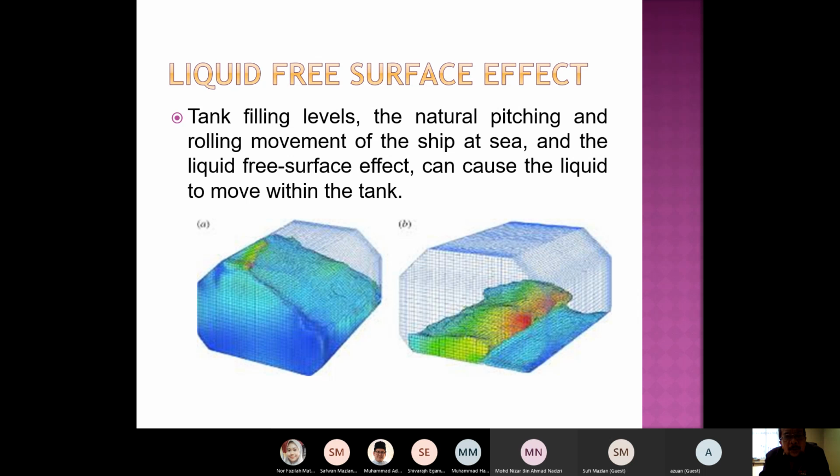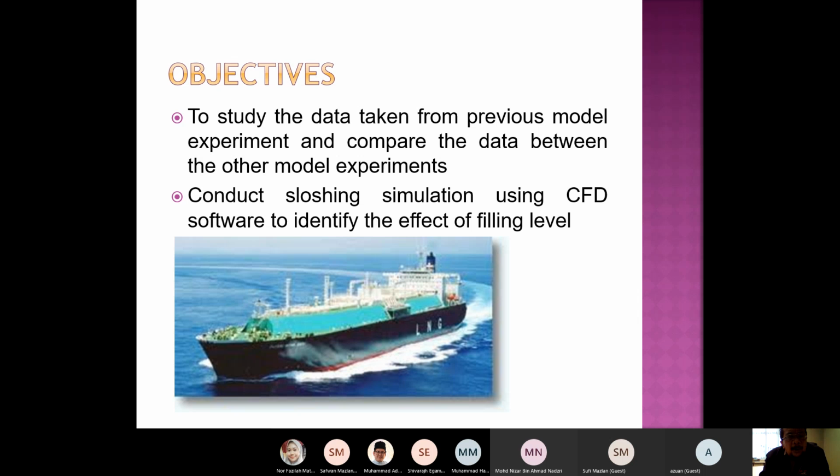You can ask questions while presenting. And we can study data taken from previous model experiments and compare data between other model experiments, and do sloshing simulation using CFD. CFD means computational fluid dynamic software to identify the effect of filling level.